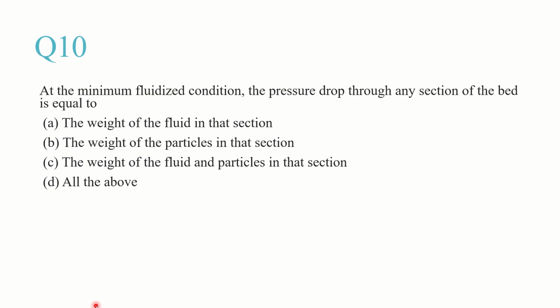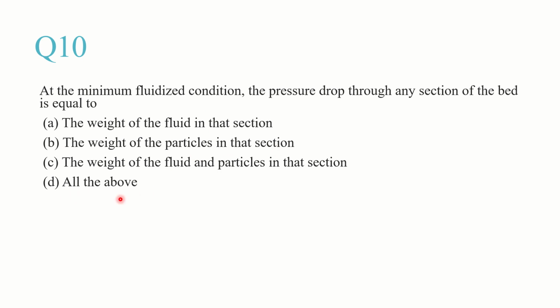Okay, at the minimum fluidization velocity, at the minimum fluidized condition, the pressure drop through any section of the bed is equivalent to the weight of the fluid in that section, the weight of the particles in that section, the weight of the fluid and the particles in that section, or all the above.